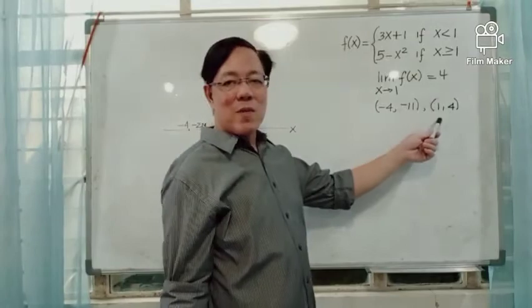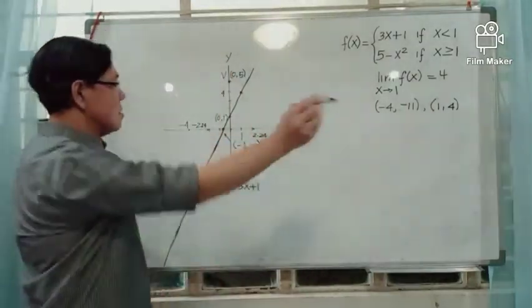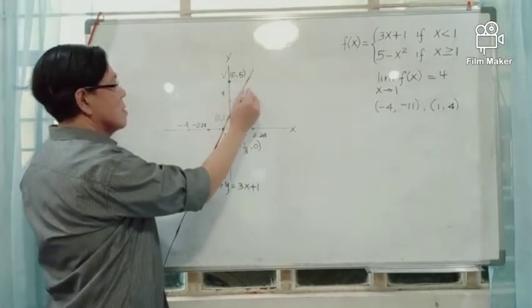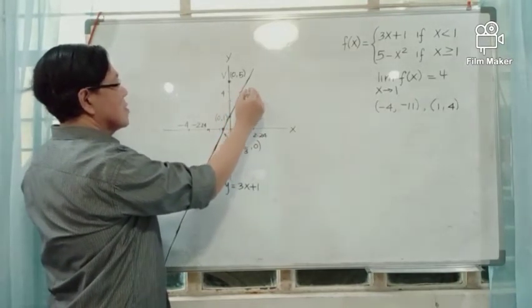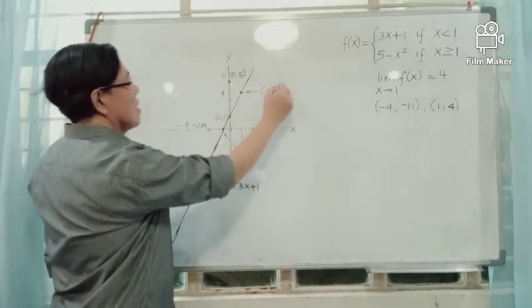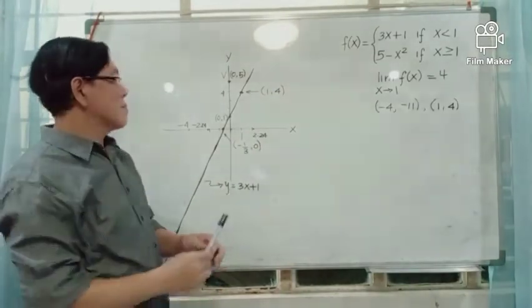The first point of intersection is the point 1, 4. X is 1 and y is 4. This is the first point of intersection of the line and the parabola, the point 1, 4.